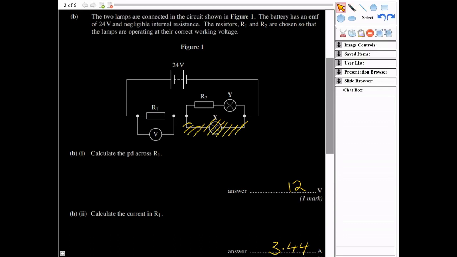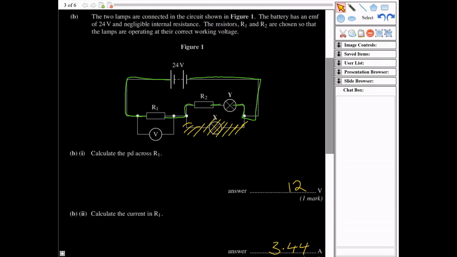So what would happen now is the current would only flow around this way. So we've effectively got a series circuit going around here, like that.